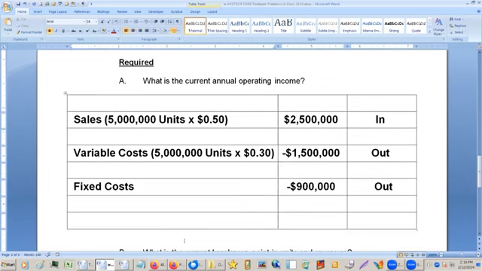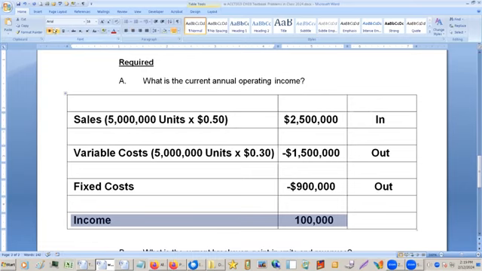And we'll get our income. Is it 100,000? That seems low. But it's not. That is it. Okay, so this is our income. So our break even is going to be less than 5 million.